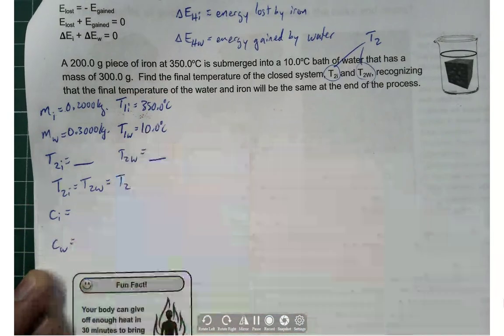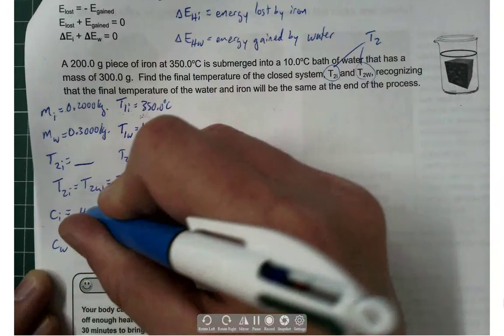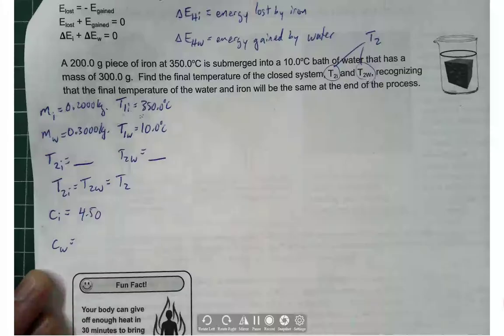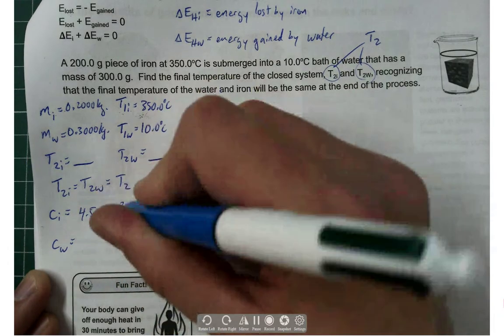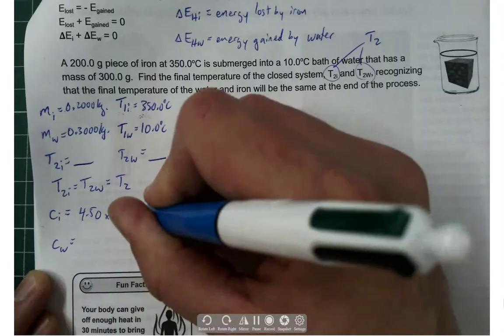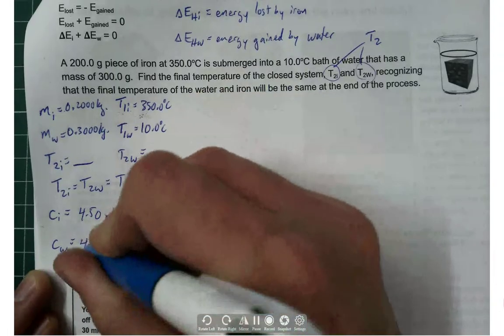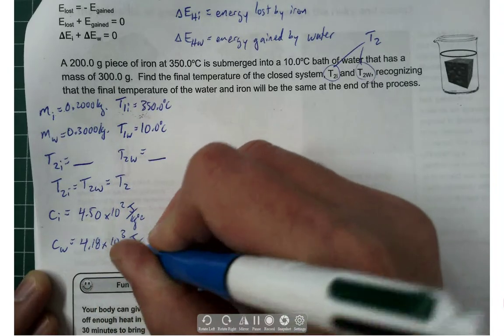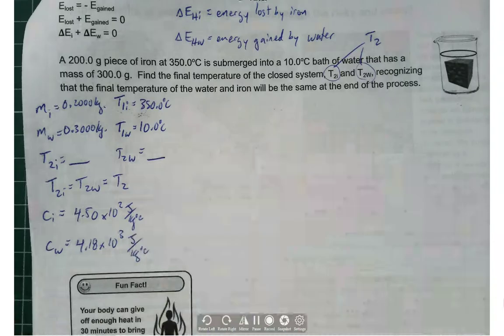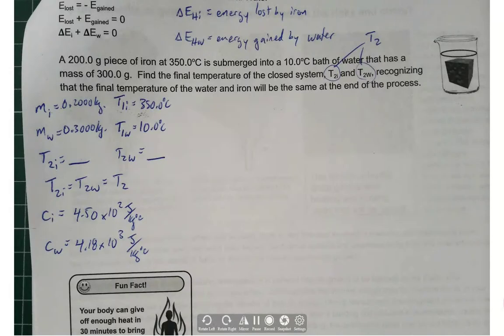That was something I gave you in a note previously: 4.50 times 10 to the power of 2 joules per kilogram degree Celsius, and 4.18 times 10 to the power of 3 joules per kilogram degree Celsius. Remember, they're off by an order of magnitude relative to one another. When I say an order of magnitude, I mean a multiple of 10, a 10 to the power of.